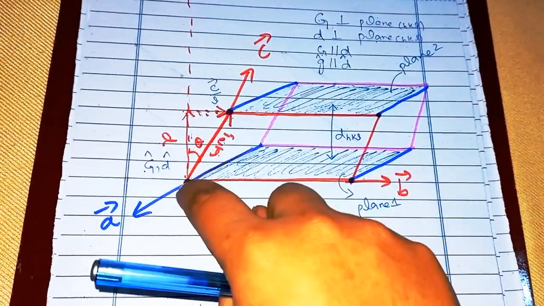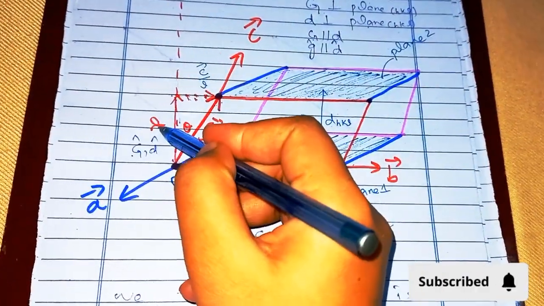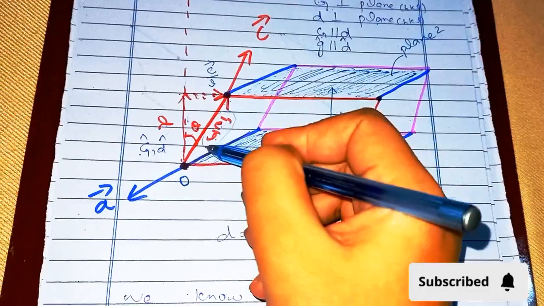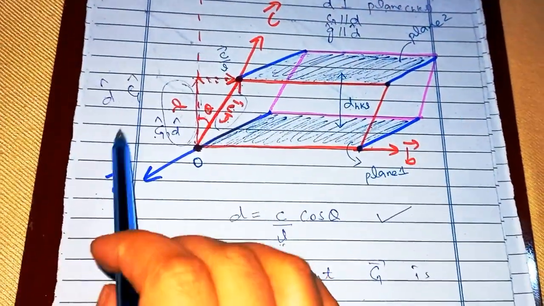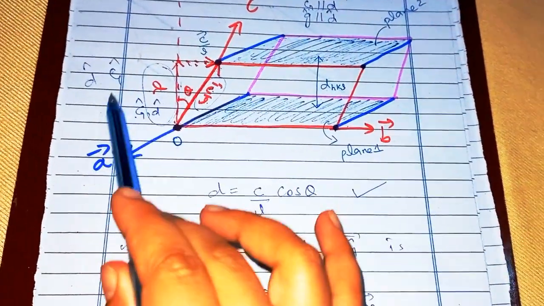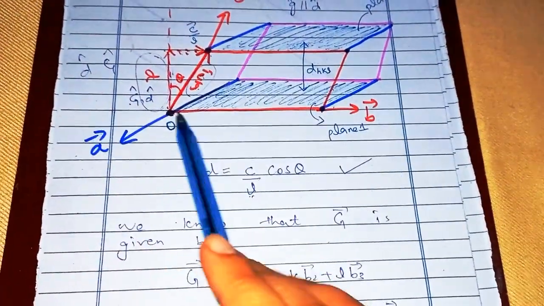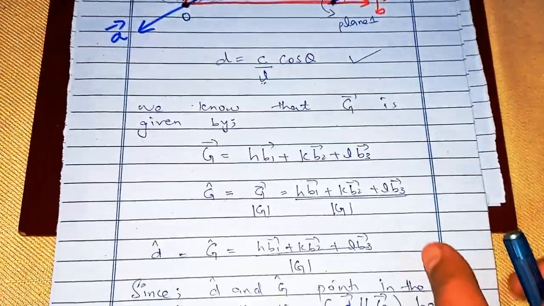We found the perpendicular distance between these two points, and we found that it is actually equal to the component of C by L in the direction of G hat or D hat. We calculated G hat and hence D hat knowing the reciprocal vectors, and then we calculated the interplanar spacing formula. This was all really simple and straightforward.